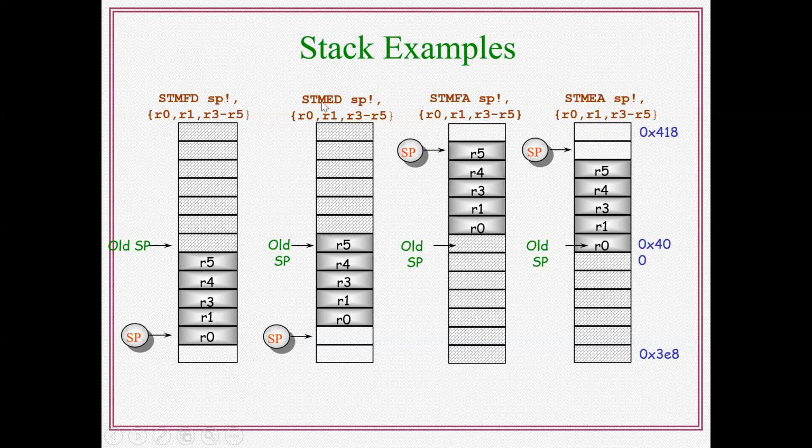Next one, store multiple ED, empty descending. Here SP is automatically updated. R0, R1, R3 to R5. If it is continuous registers, we can specify it like this. This is descending, so R5, R4, R3, R1, R0. Full indicates that the last occupied address is pointed to. E indicates empty, the next empty address is pointed to.